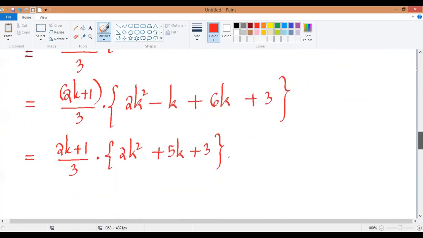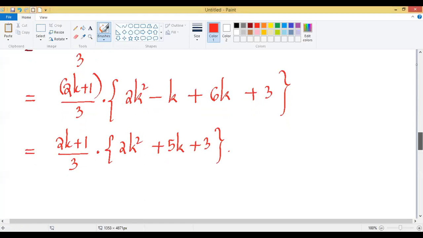Is that quadratic factorizable, class? No. We have factors of 6 that can give us a positive 5. We have factors 2 and 3.